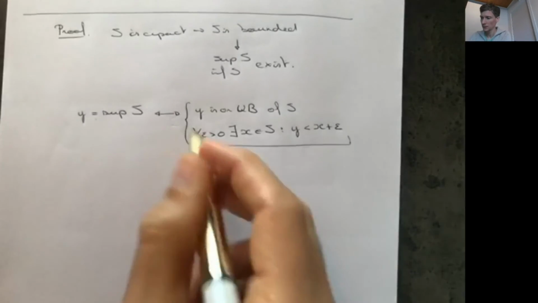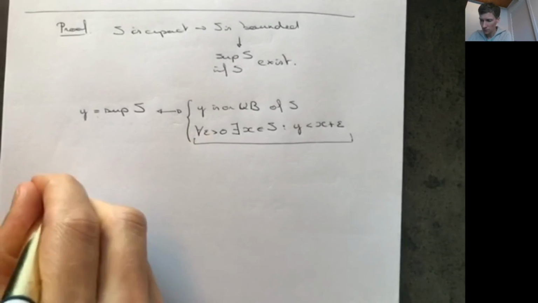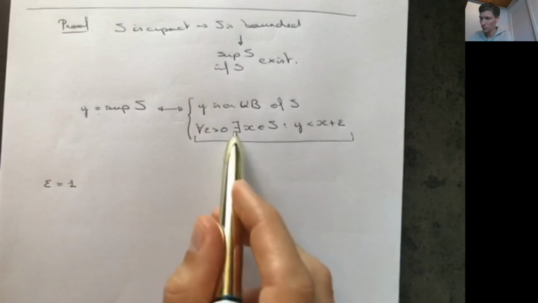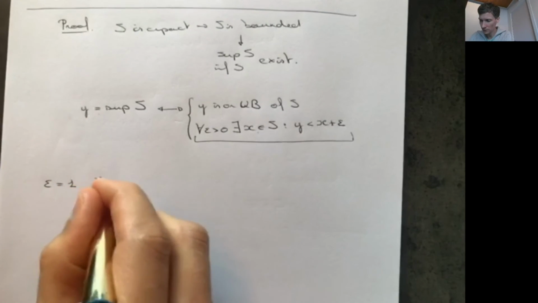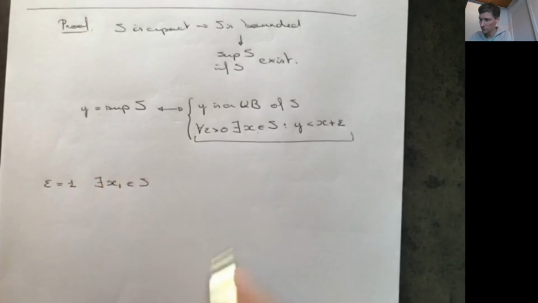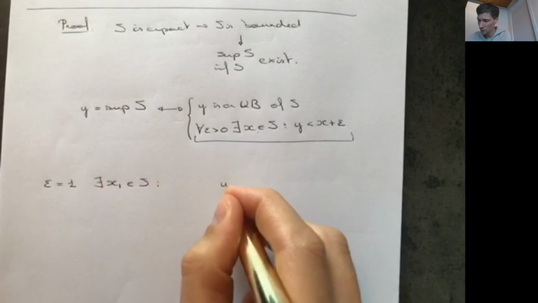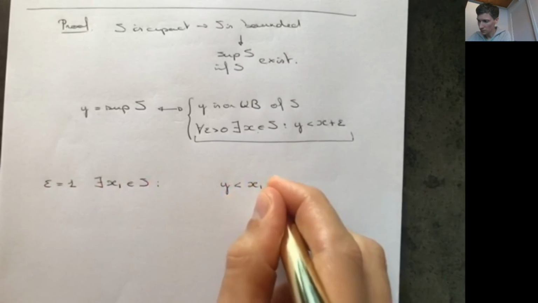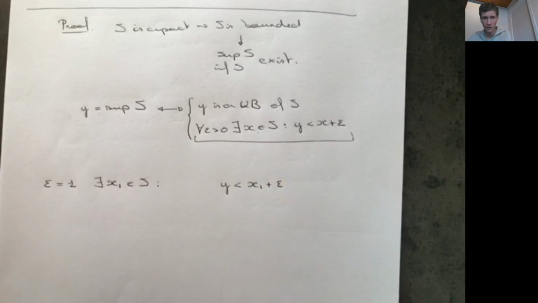Okay. So, for example, if I take epsilon to be equal to 1, well, then I know that there exists an x, let me call it x1, in S such that y is smaller than x1 plus epsilon, and y is an upper bound, right?